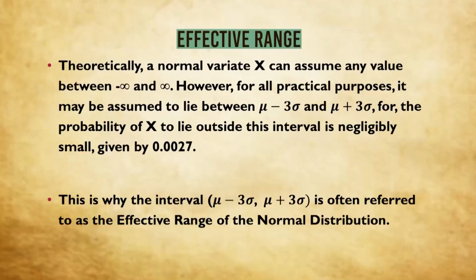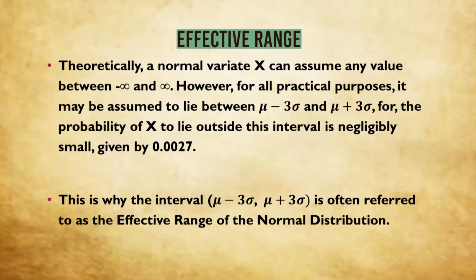On the other hand, the probability that it will lie outside this interval is negligibly small, which is 0.0027. What does it mean? At random, if I select 10,000 values from a standard normal variate, then only 27 of them will fall outside the range. That means most of the values will fall within this range. This is why the interval mu minus 3 sigma to mu plus 3 sigma is often referred to as the effective range of the normal distribution.